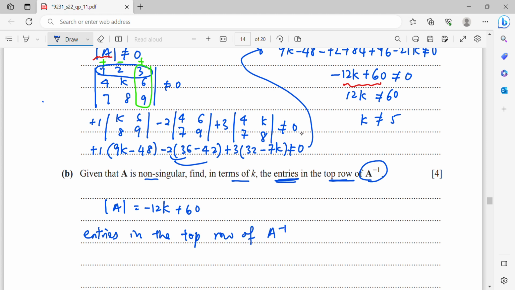If you still remember, the A inverse is 1 over the determinant of A, then the adjoint of A. So now I will get 1 over, here you can write 60 minus 12k.